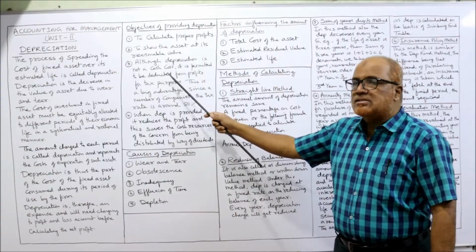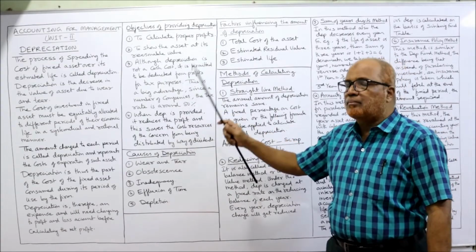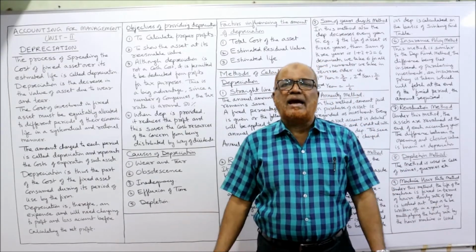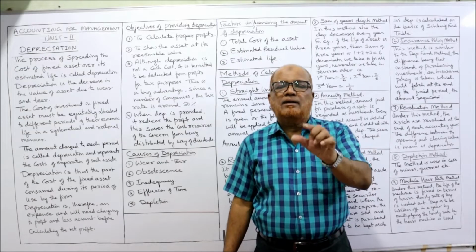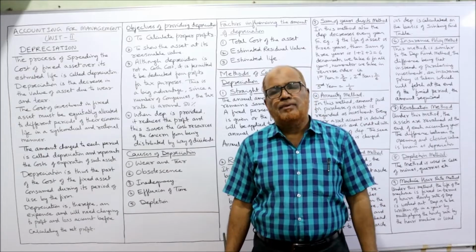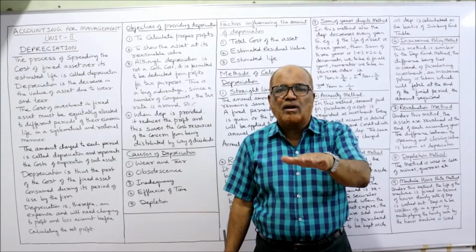Thirdly, although depreciation is not a cash cost, it is permitted to be deducted from profit for tax purposes. In every country we have tax laws. So according to the taxation law, the depreciation can be charged against profit. By charging depreciation against profit, what will happen? Profit will come down.